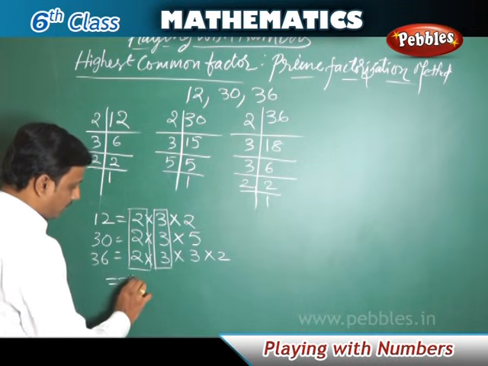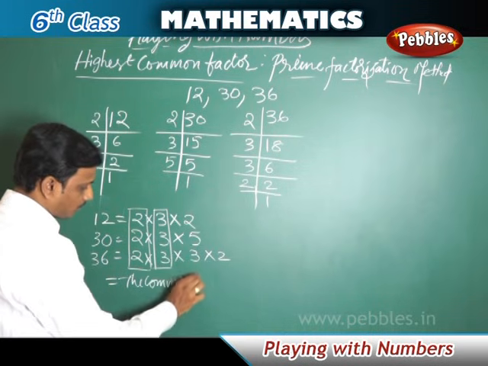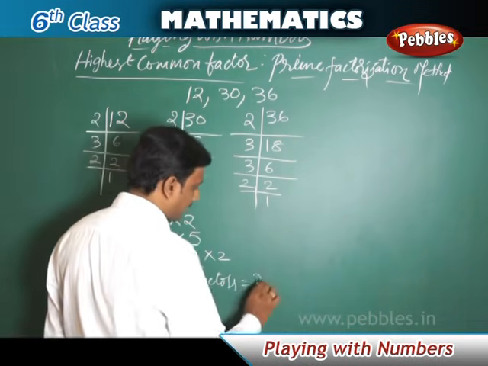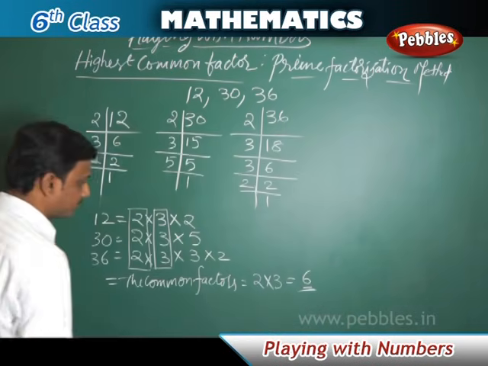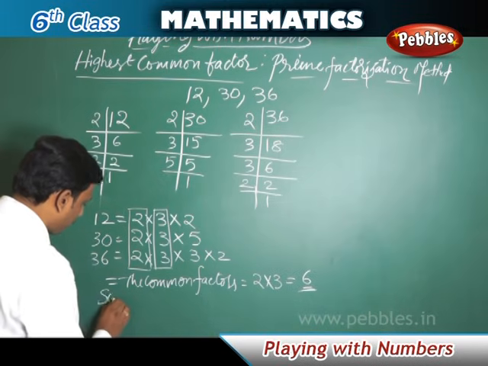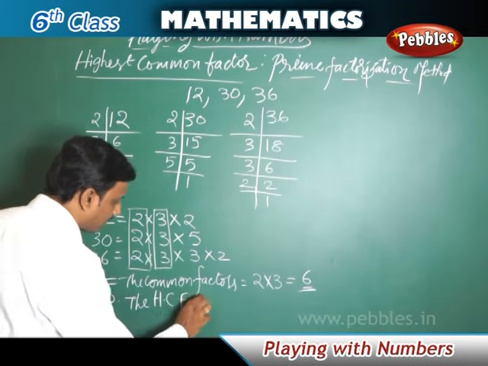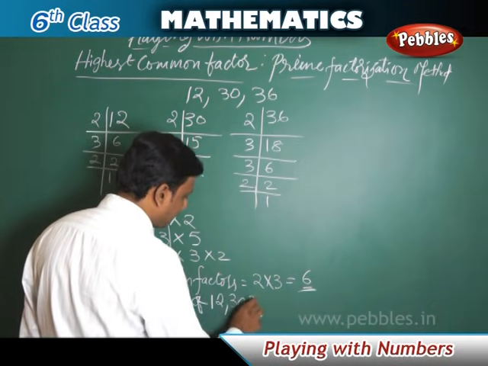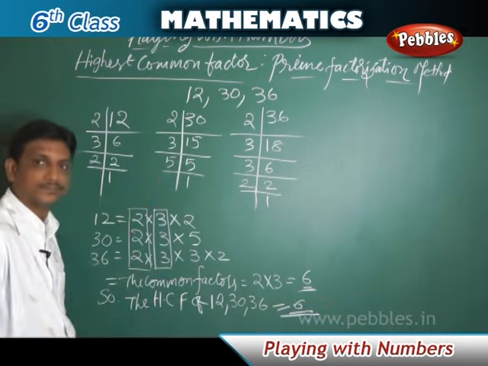The common factors are 2 into 3, that is 6. So the HCF of 12, 30 and 36 is 6.